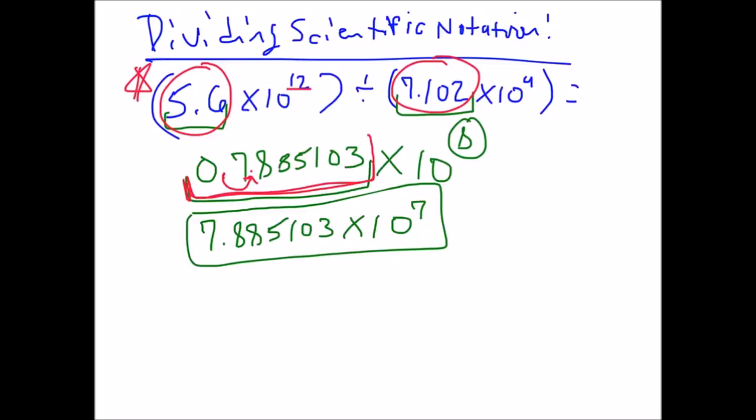Obviously, we know that something that's times 10 to the 12th is larger than something that's times 10 to the 4th. But the m piece of both of these numbers is what I'm referring to. So 5.6 is smaller than 7.102. So you should have recognized that our answer was going to be smaller than 1, which means whatever exponent we got, we were going to have to subtract away from it. Okay? And then the opposite is true for the above example.